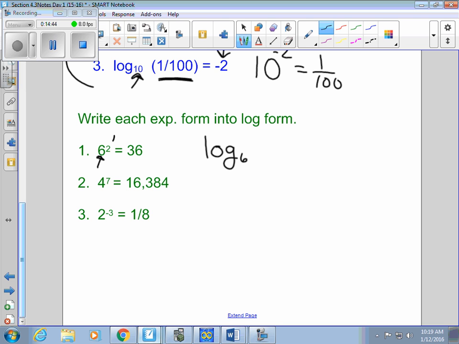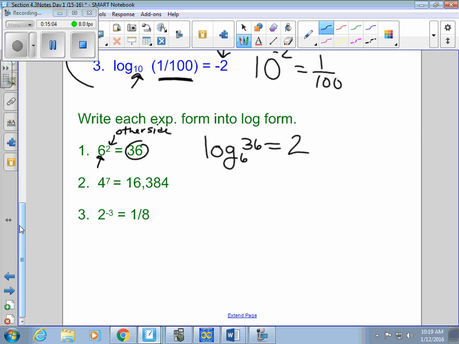My exponent goes to the other side, so equals 2. And my 36 is what goes on the inside. I always start with the base, and then I deal with the exponent, and I finish last.